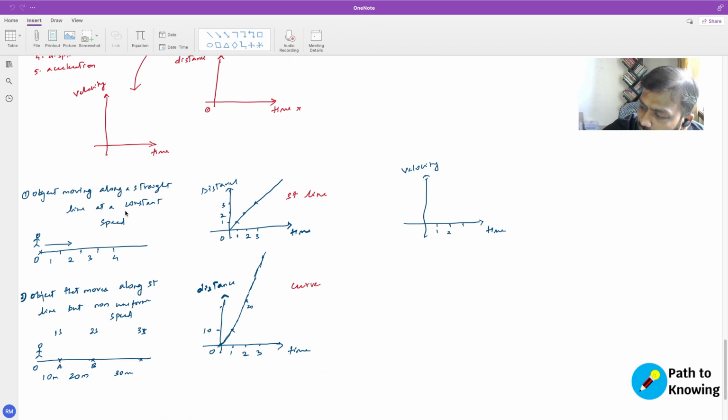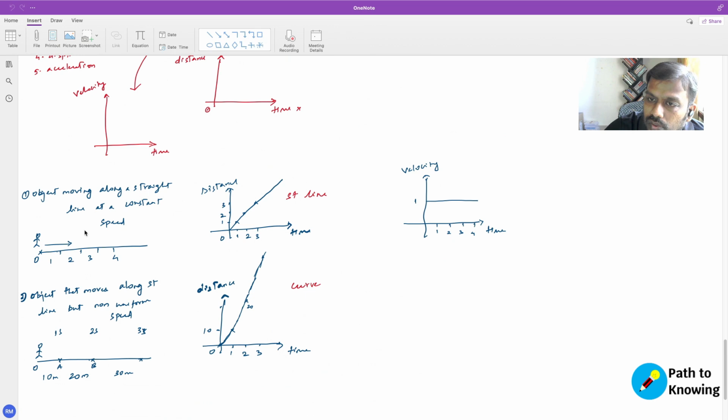It will be a flat line that is going to be parallel to the x-axis, right?